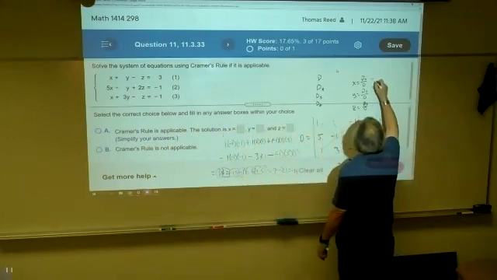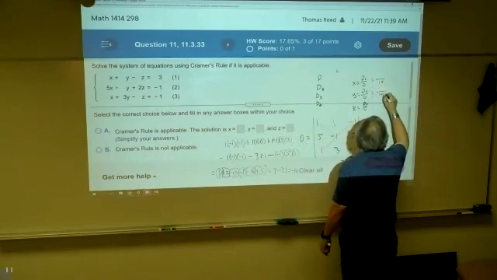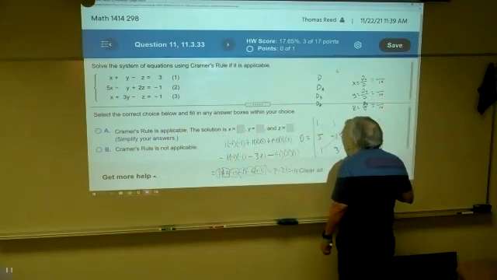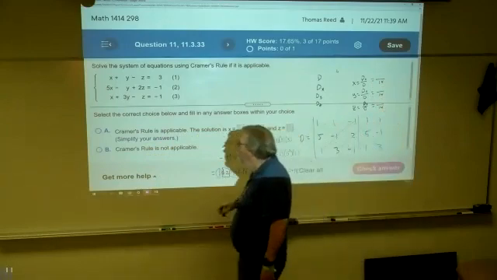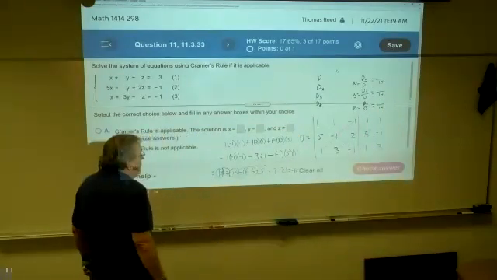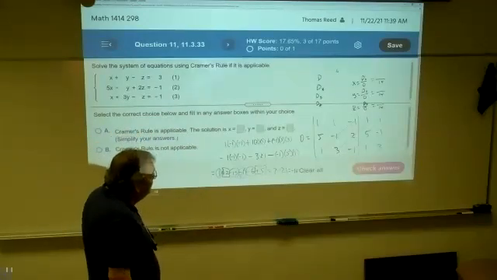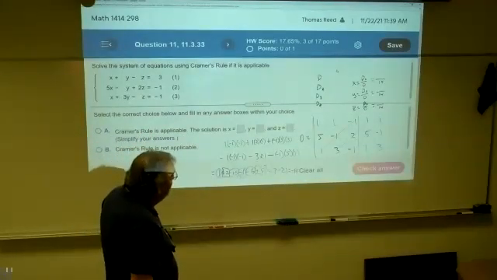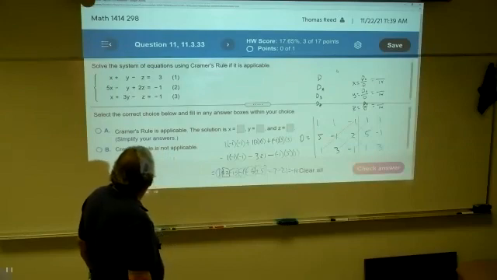So each of these becomes being divided by 14. And I bet the numerators will be multiples of 7 or multiples of 14.